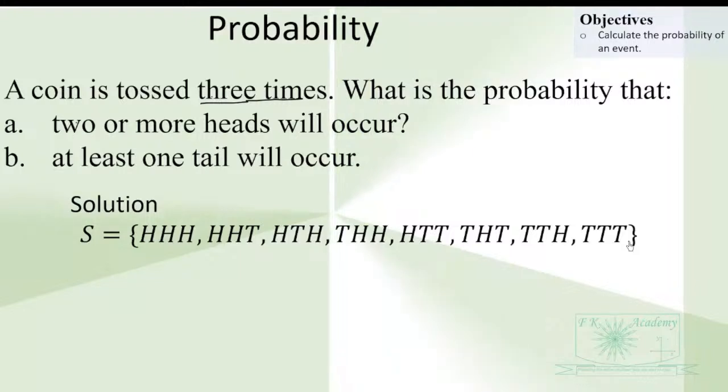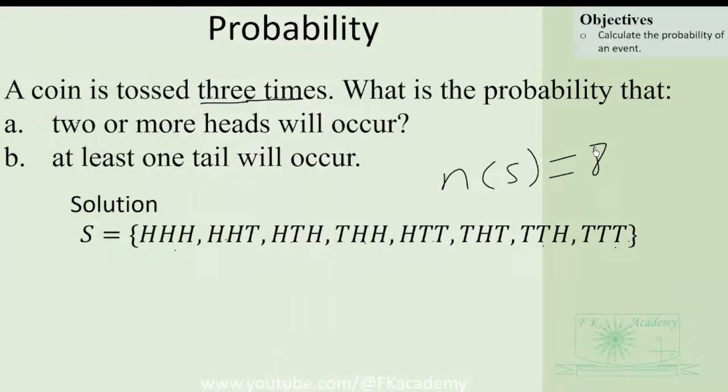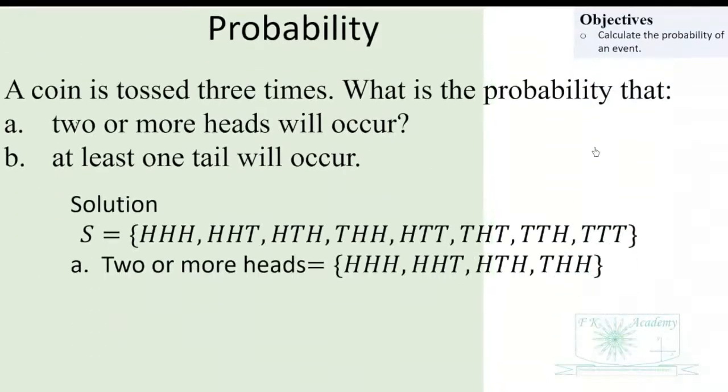So we have to find the probability. The number of elements in the sample space will be 1, 2, 3, 4, 5, 6, 7, 8. That is 8. Then the event here is 2 or more heads will occur. That is, either 3 heads, or 2 heads and 1 tail.